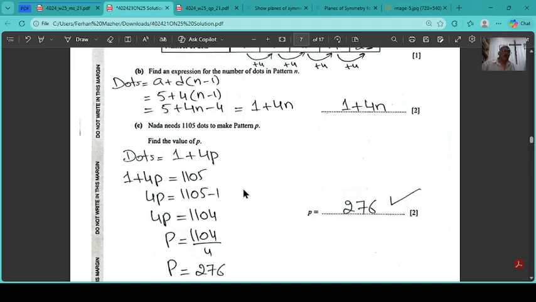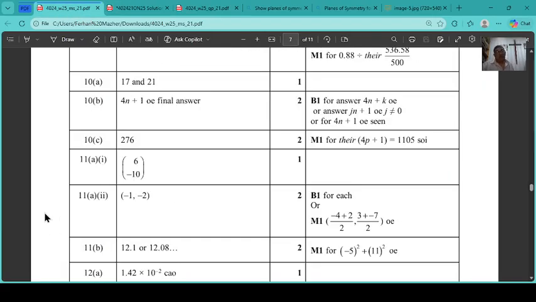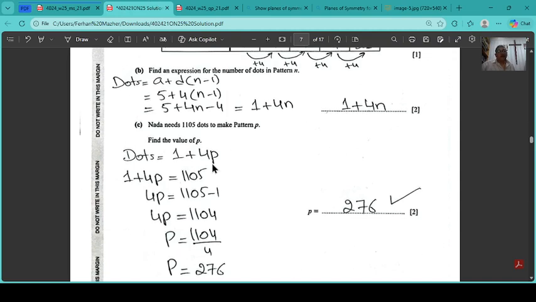So 4P will be equal to 1105 minus 1, so 4P will be equal to 1104. This 4 will go to the other side and divide there, so P will be equal to 276. So the value of P is 276, so that pattern is the 276th pattern. Then we are done with this.